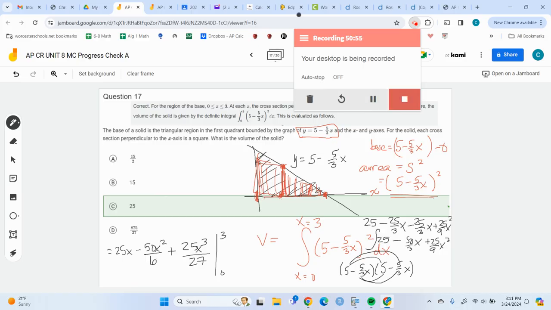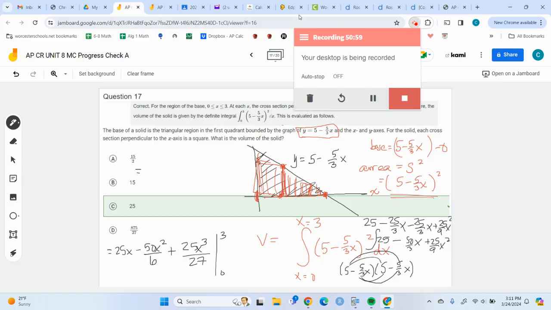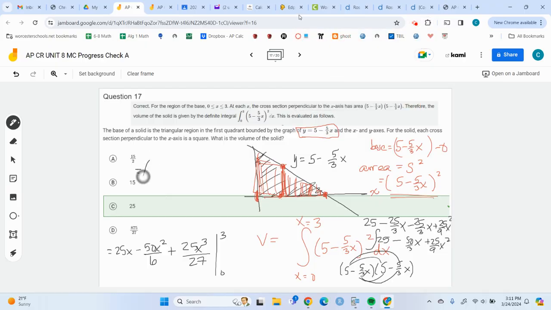All right, so I'm going to plug in here. Luckily, when I plug 0 in, everything is going to 0 out. So this would be 25 times 3 minus 50 over 3 squared over 6 plus 25 times 3 cubed over 27, minus 0.